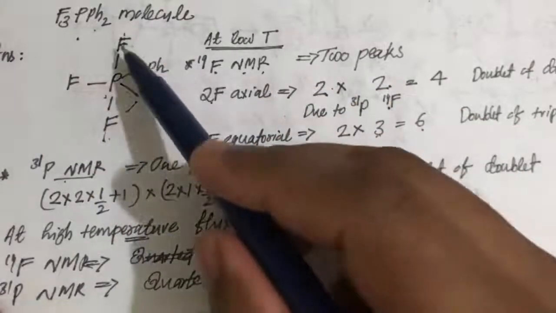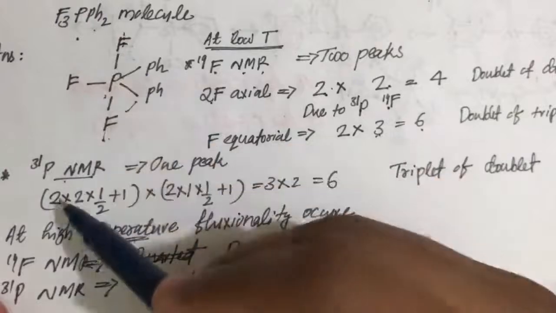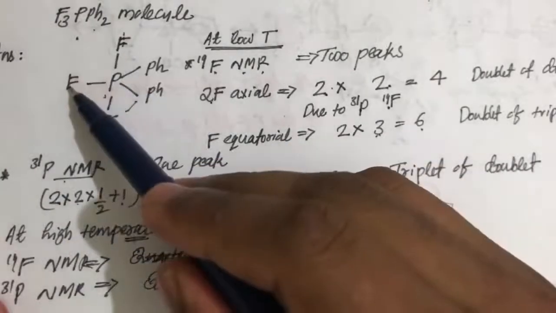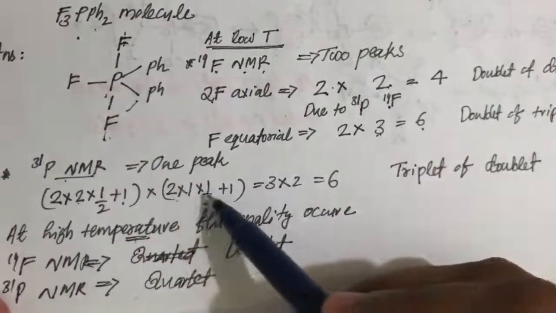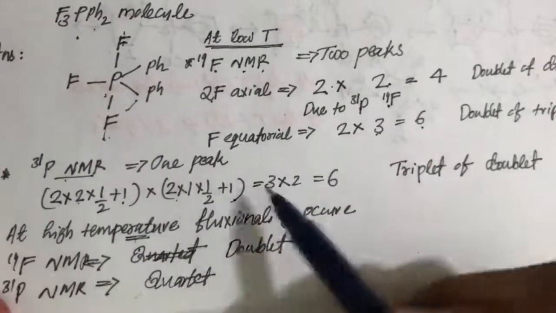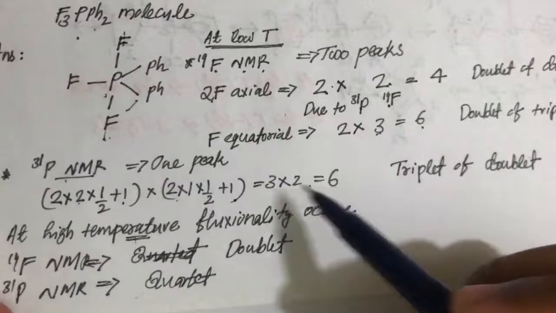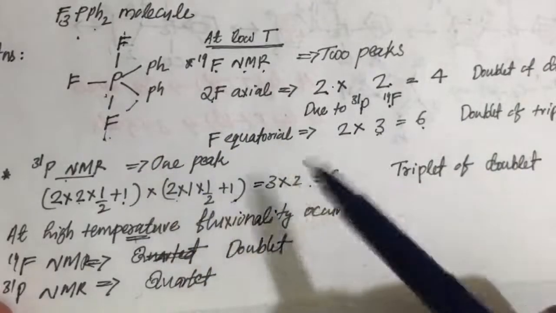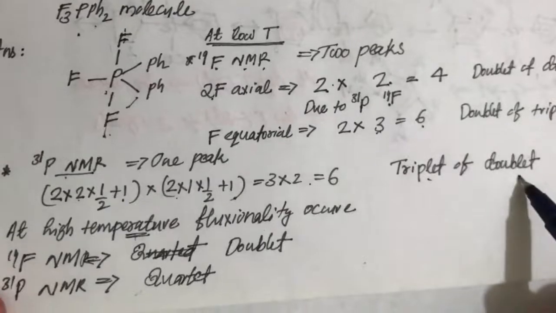First it is coupled with the axial, that is 2 into 2 times half plus 1, and the one equatorial, 2 into 1 into half plus 1, that is 3 into 2, 6. That means first it is split into 3, then it is split into 2, which gives you a triplet of doublet.